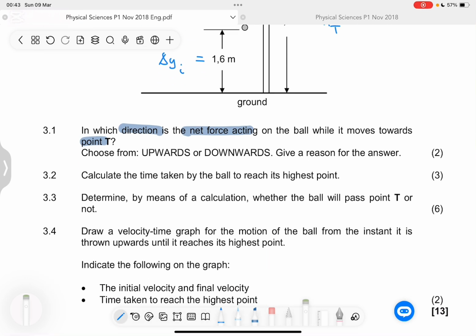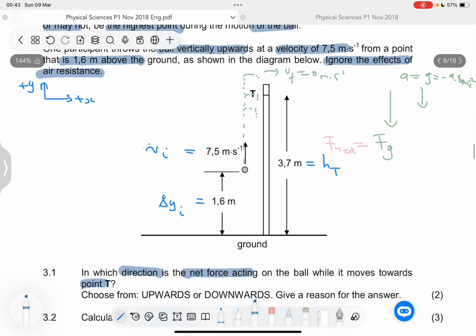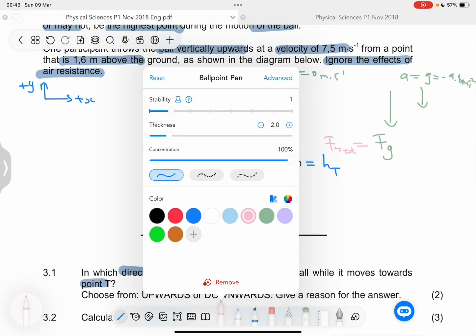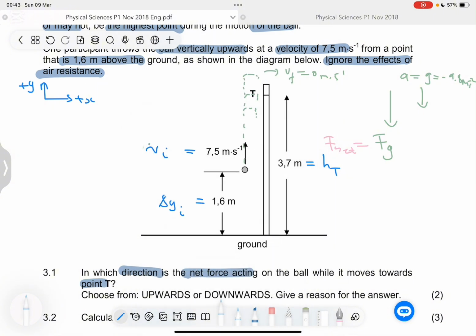Now we're going to move to question 3.2, where they say calculate the time taken by the ball to reach the highest point. Now we want to know what time will the ball take to reach the maximum height, meaning how long will it take the ball to get to this, or to get to this, or to get to that.